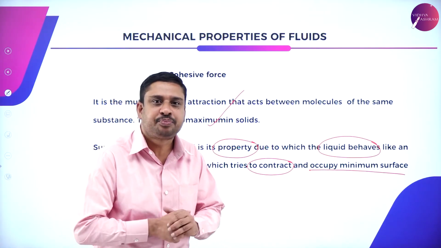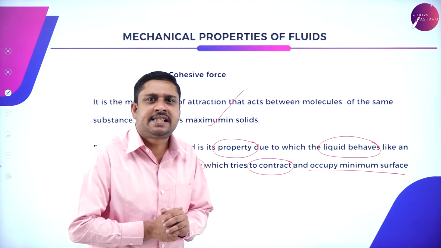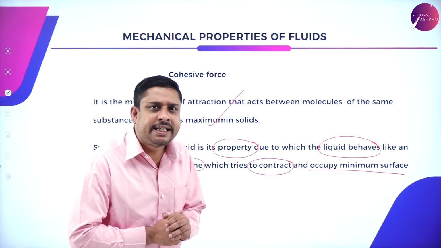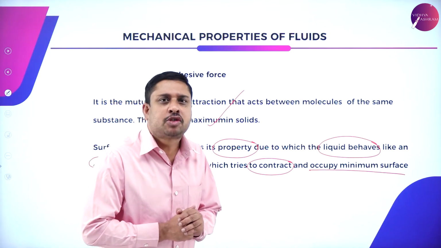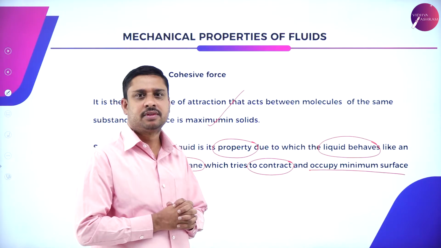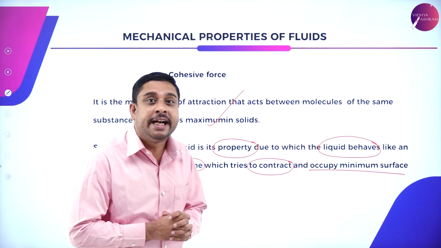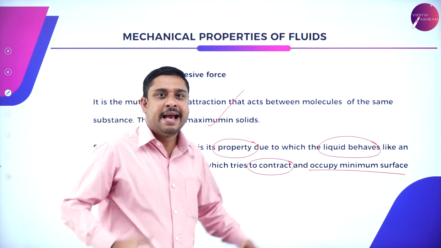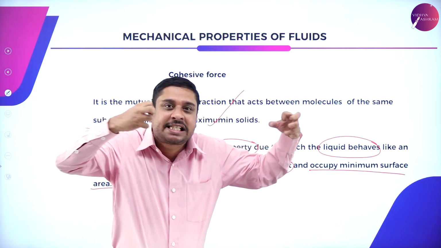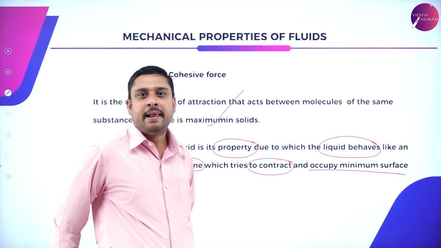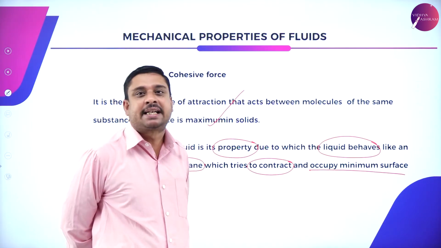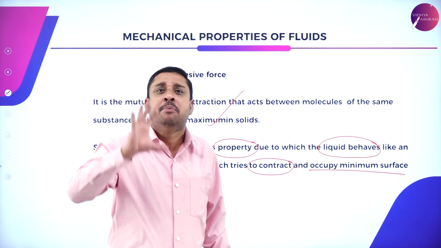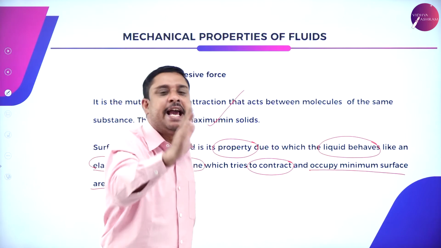We say surface tension is a property because of which the liquid behaves as an elastically stretched membrane, which is contracting and trying to occupy minimum possible area.